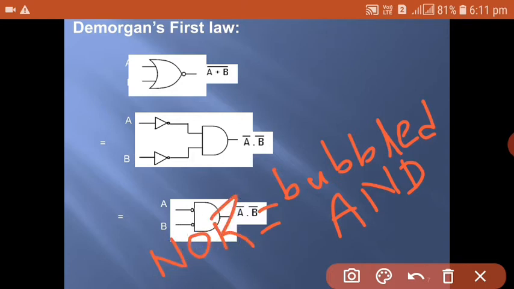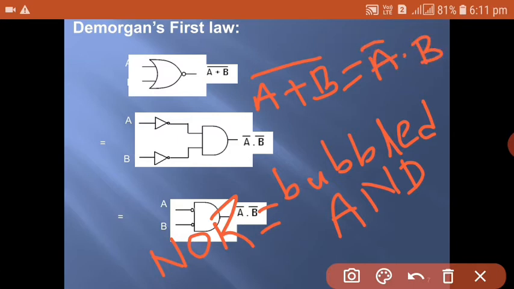So bubbled AND is equal to NOR gate. With the help of De Morgan's first law, we can write the statement as bubbled AND is equal to NOR gate. So that means A plus B whole bar is equal to A bar into B bar. So bubbled AND is equal to NOR gate. So this is the statement of De Morgan's first law.